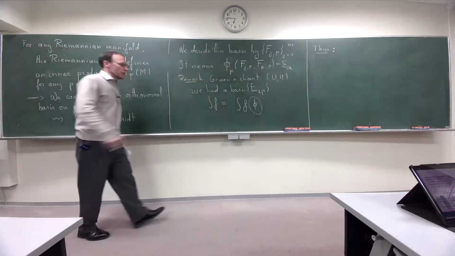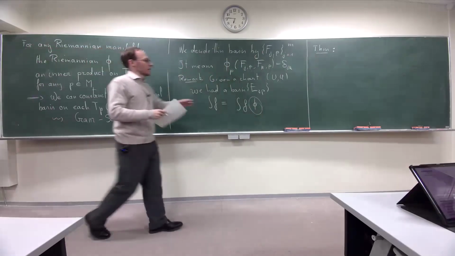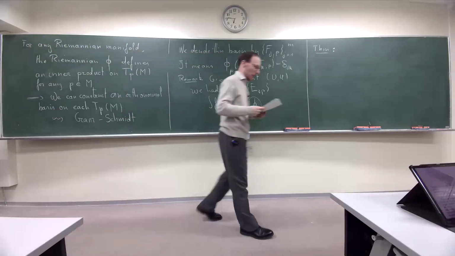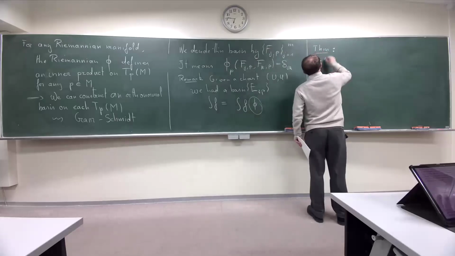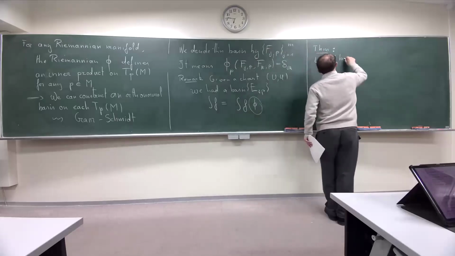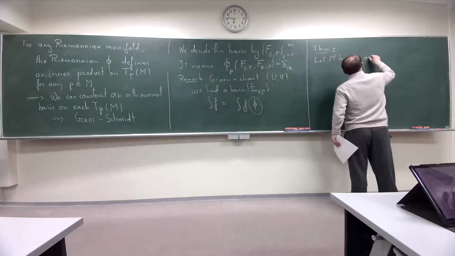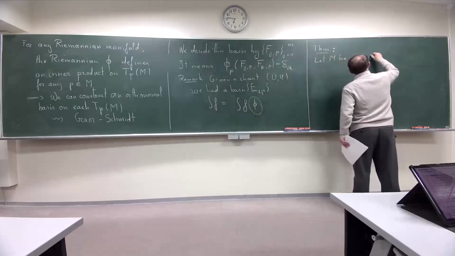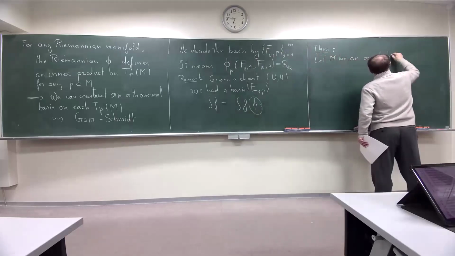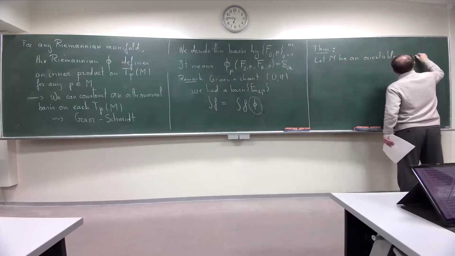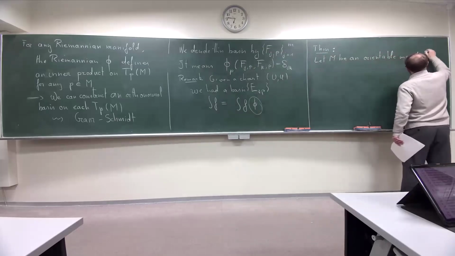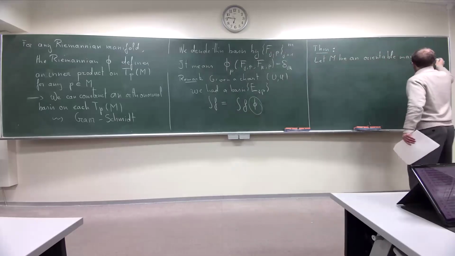So for a Riemannian manifold, I'm going to mention more precisely this canonical one. So let M be an orientable smooth manifold. Everything is smooth.